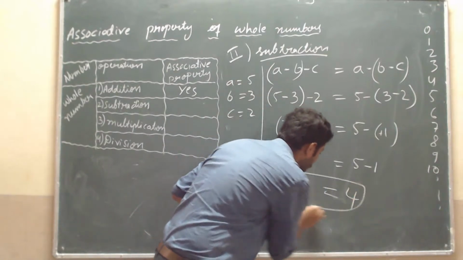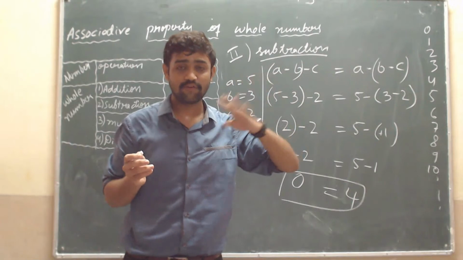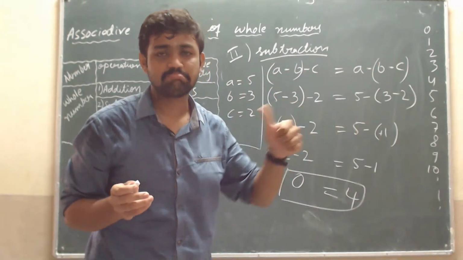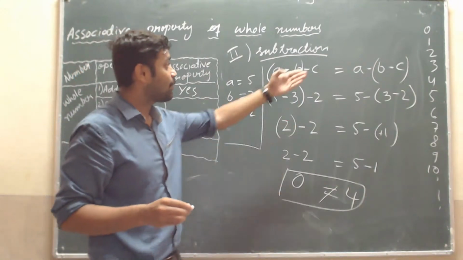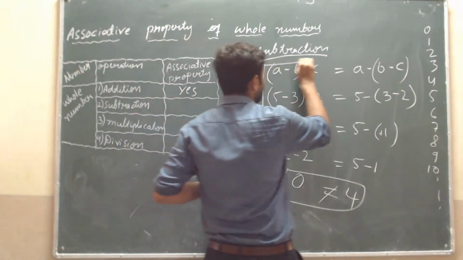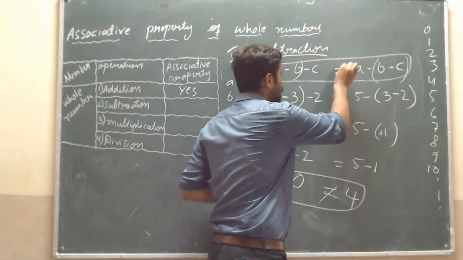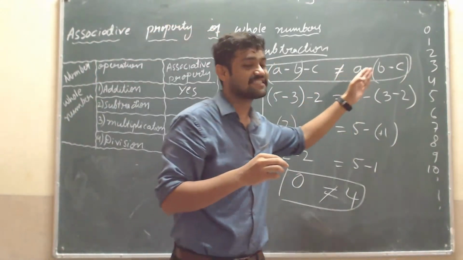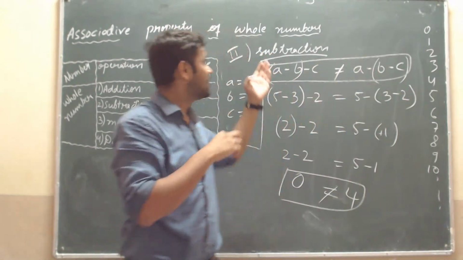Whether 0 is equal to 4? Whether both are equal? No sir, 0 is not equal to 4. Then the above equation, that is (a minus b) minus c is not equal to a minus (b minus c) for this associative property for whole numbers.